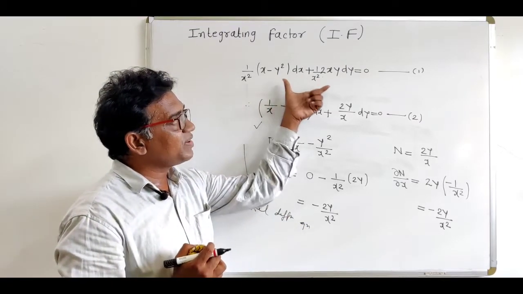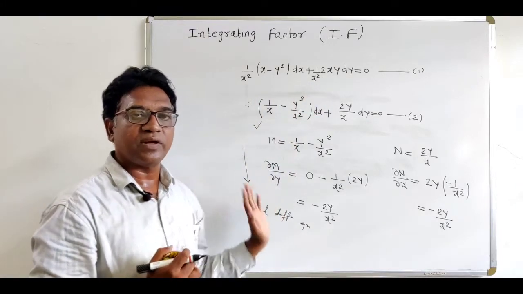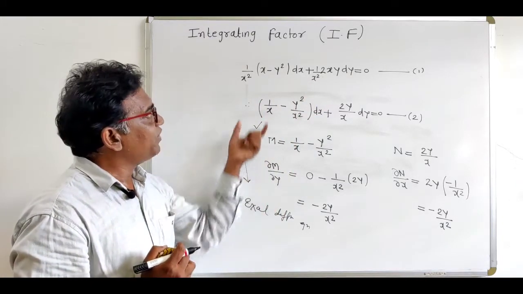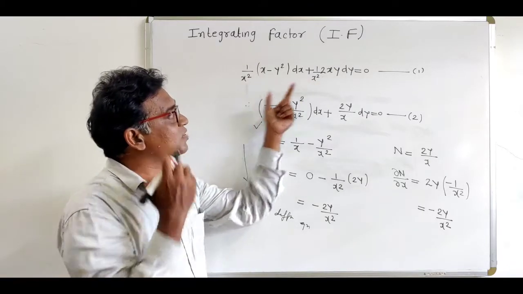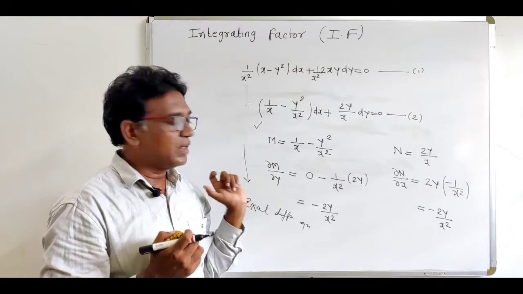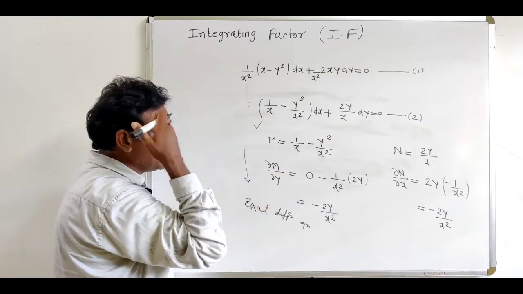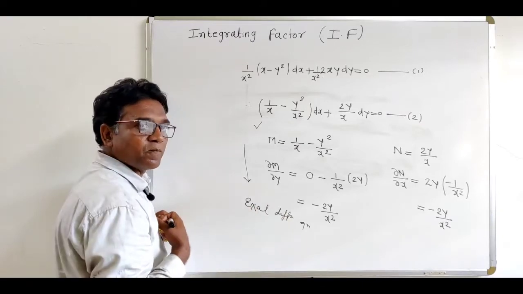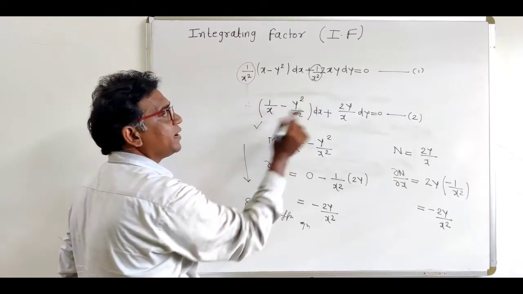Our original equation 1 was a non-exact differential equation, and we just multiplied it by a certain term. Then the new equation becomes an exact differential equation. Such a factor is called the integrating factor.